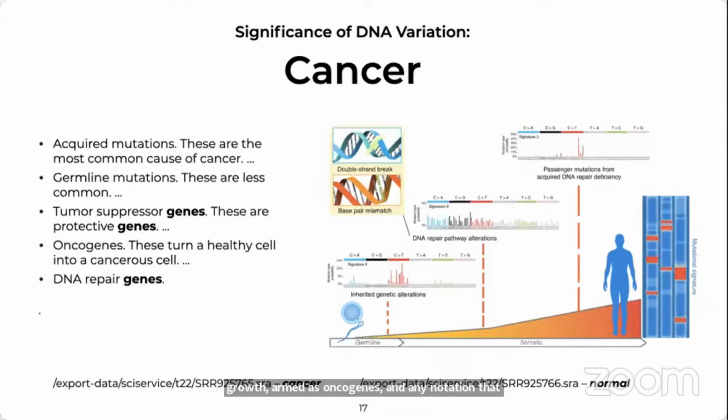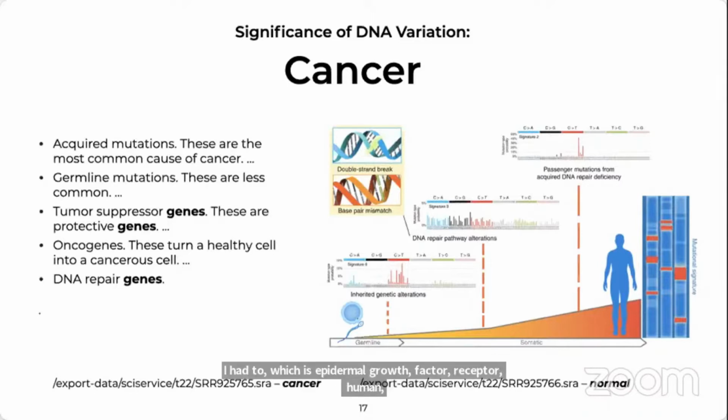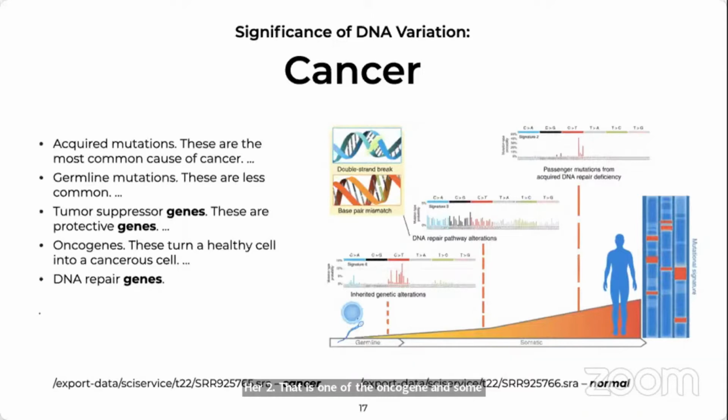And we can find some examples of these oncogenes. HER2, the human epidermal growth factor receptor 2, is one of the oncogenes. Some mutations in this gene will result in the receptor binding to a lot of growth factors and promoting abnormal growth of the cell.